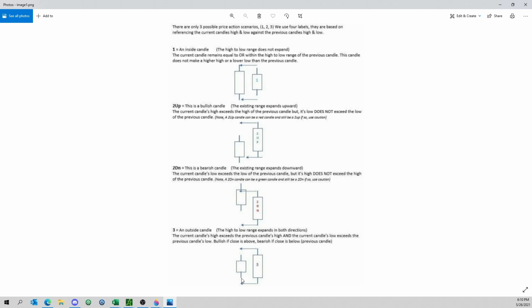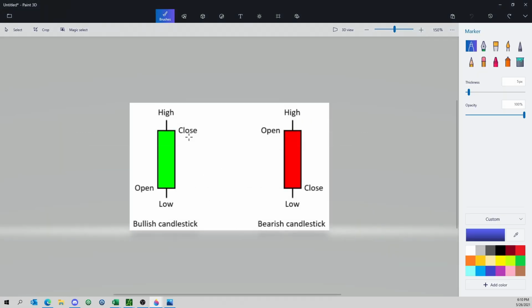A 3 candle breaks the top and the bottom of the previous candle. What this means is the price started inside the previous candle as a 1 candle. Let's say this one pushed up, right? This is a bullish candle, so we have a continuation candle, a 2 up formed here.